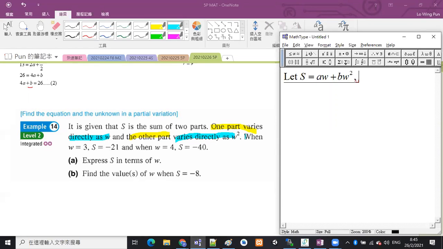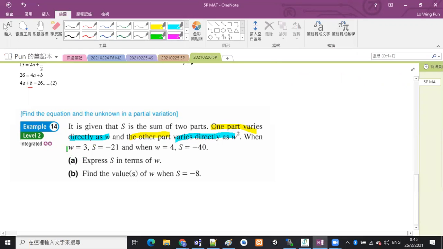Okay, that's it. Where A and B are not equal to 0. Okay, and then we have to find the two sets of numbers, two groups of numbers. Okay, the first group, when W is equal to 3, S is negative 21, and then the second group, when W is equal to 4, S is negative 40.